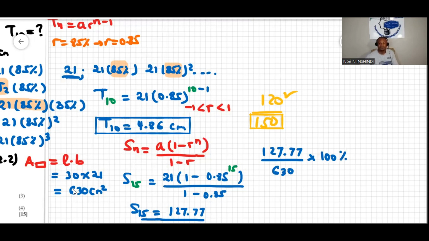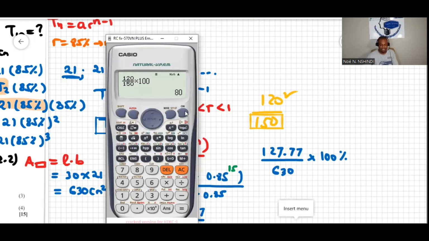You multiply this by 100%. Now, using a calculator, we will do 127.77 over 630, and then we times it by 100%.